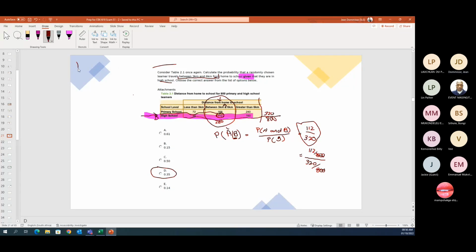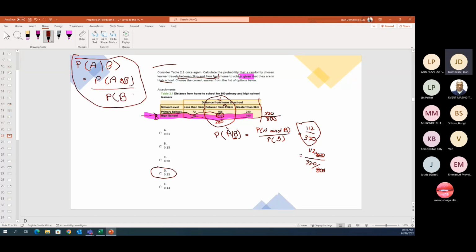And then the conditional probability formula is: A given B is equal to the probability of A and B divided by the probability of B.